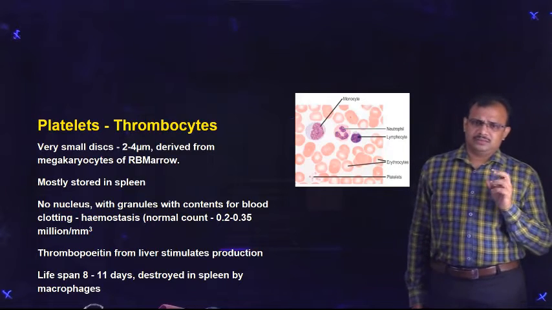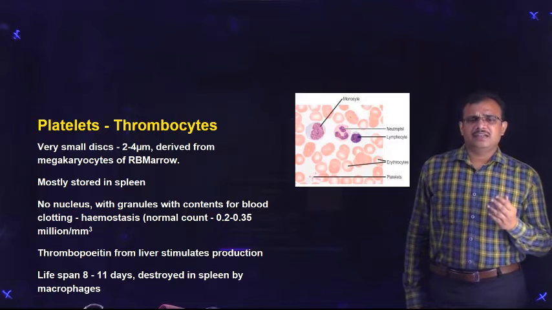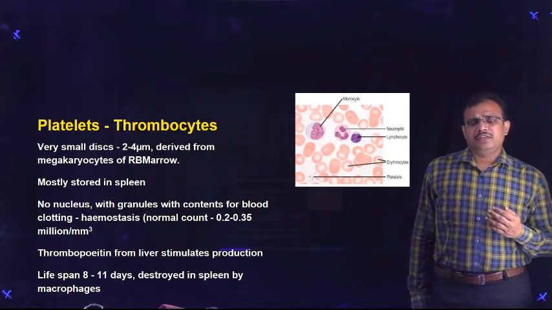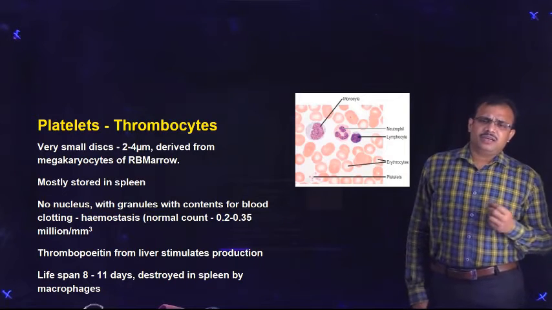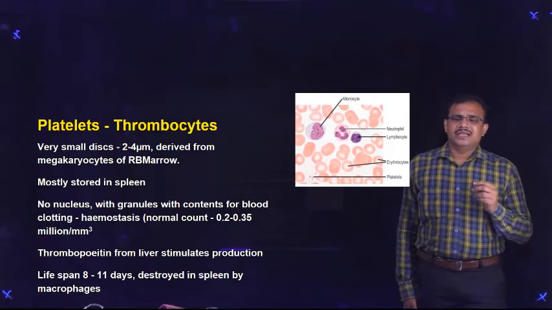The synthesis of thrombocytes is enhanced by a hormone called thrombopoietin, which is produced from the liver, and the lifespan of platelets is about 8 to 11 days.